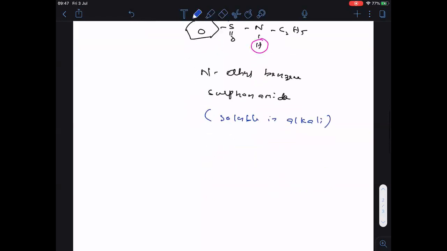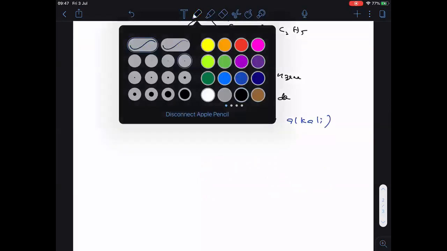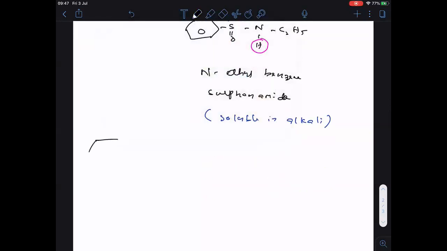Then what about secondary amine? Okay. Now let us take the same Hinsberg reagent again, S double bonded O, double bonded O, Cl. This is Hinsberg reagent. Now this is reacting with a secondary amine.